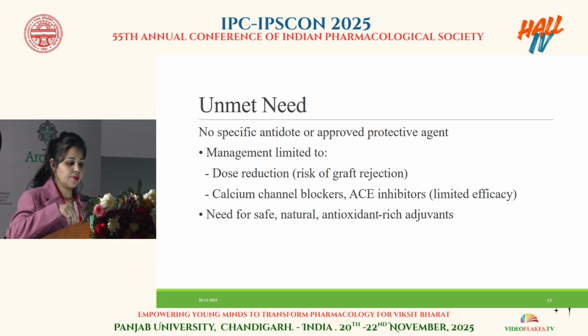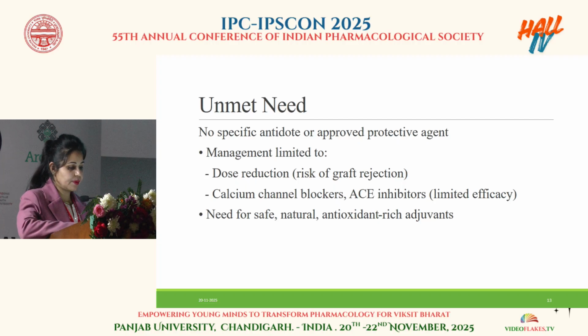So this is the gap: as we all know, we do not have any specific antidote to counteract this tacrolimus-induced nephrotoxicity. We have two options: either we can reduce the dose, in that case we have rejection risk, or we can supplement it with a calcium channel blocker, but that has partial benefit.